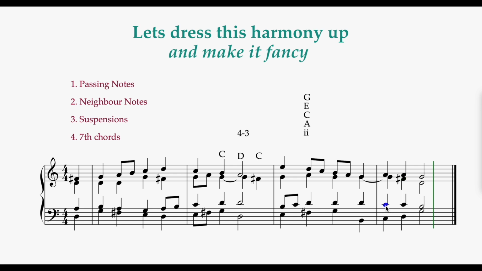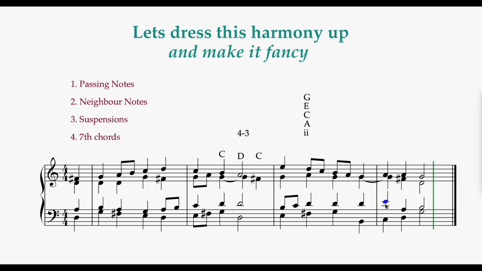Now, we did have that. So now I'm going to move the tenor up to the E, which is the 5th of the chord, because I'm going to add a 7th here on the dominant chord. So the dominant chord is A, F sharp, D, which is chord 5.